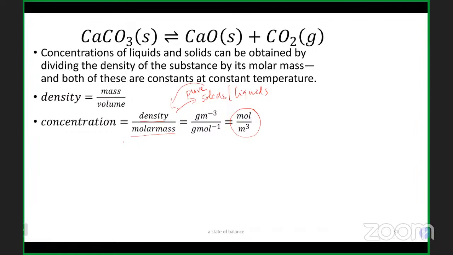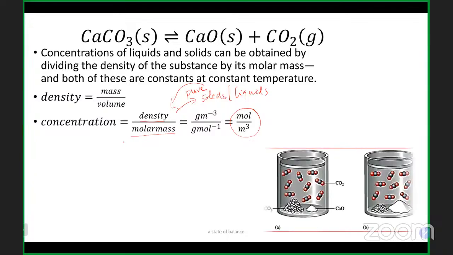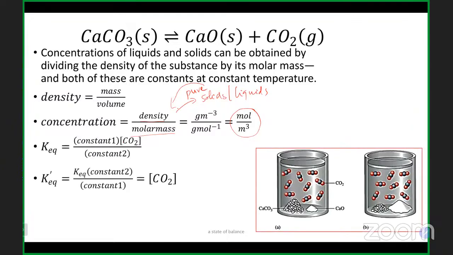This concentration remains constant throughout, regardless of what you're dealing with. You're dealing with a constant divided by a constant, so it remains constant. So you only have the CO2 for this expression affecting the equilibrium constant.